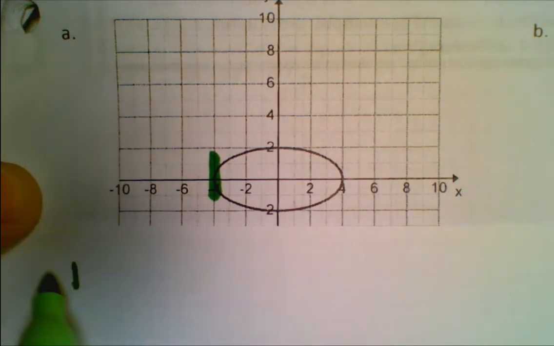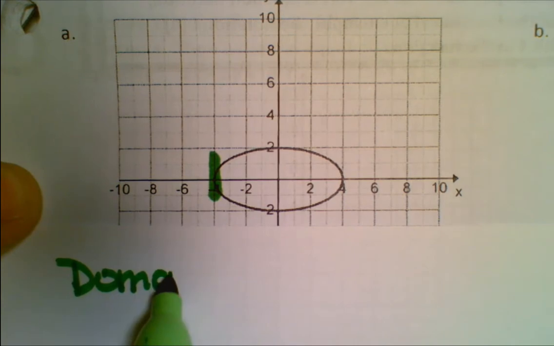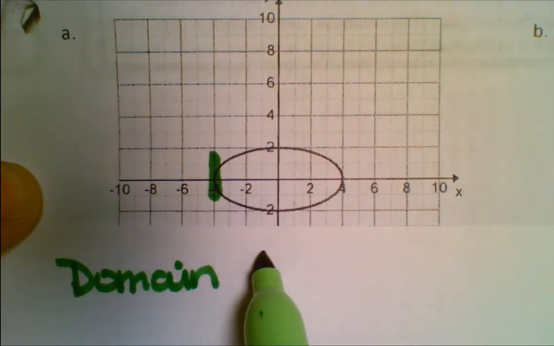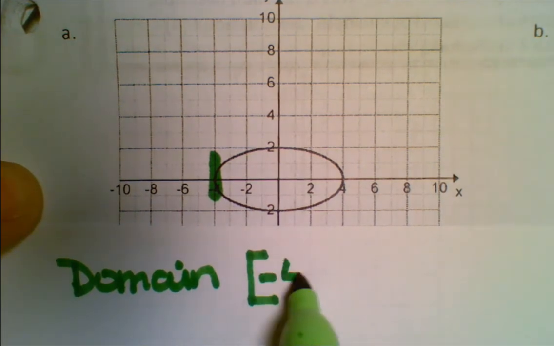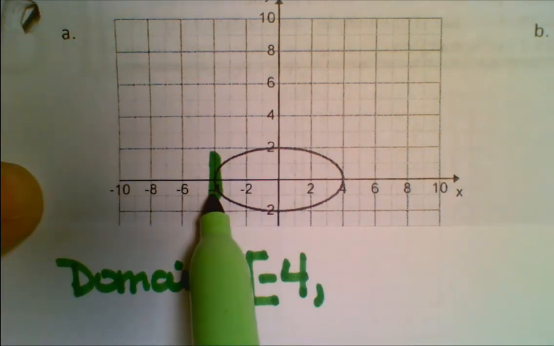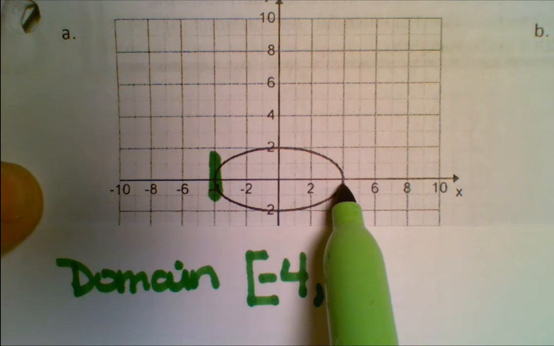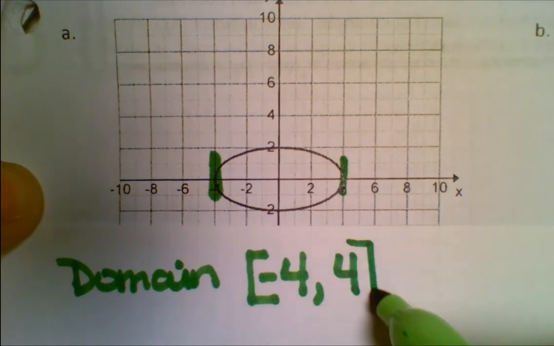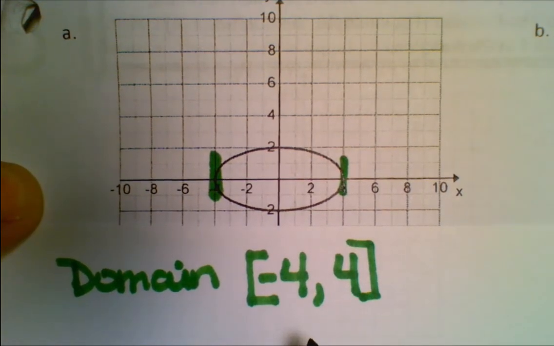So our domain is from -4, starts at -4, and then where does it end? Right here at +4. And we're using a closed bracket because it means that the -4 and +4 is included.